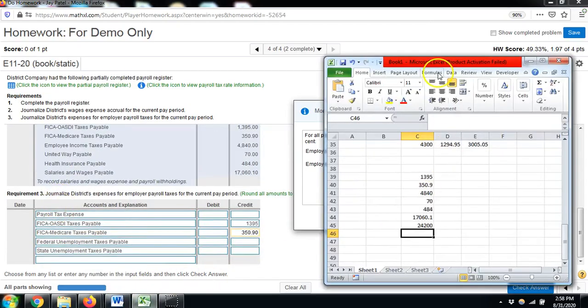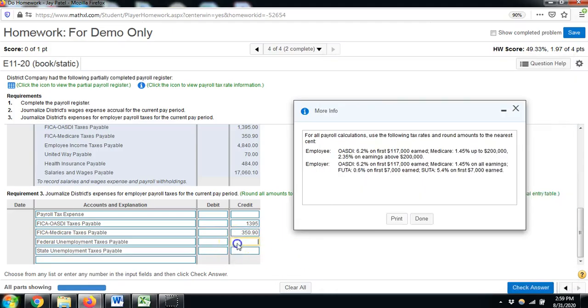So let's do that. We have 5,500, and we have 0.6% for the federal and 5.4% for the state. Okay, so we have our amounts. The federal is 33 and the state is 297.